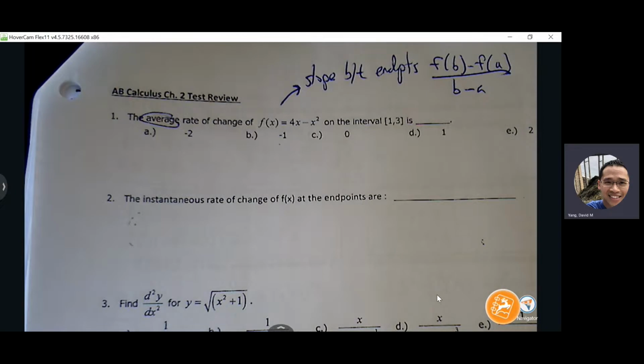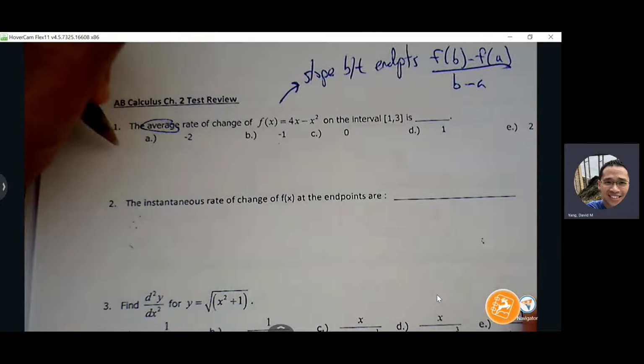So use your calculator again, or it's not too bad here. And find f of 1, f of 3.